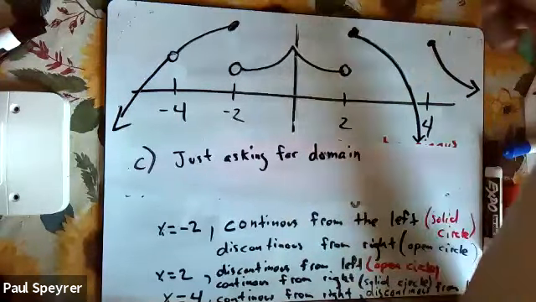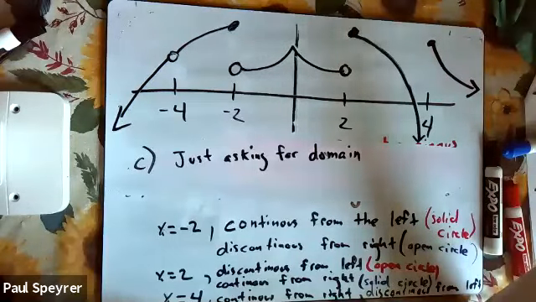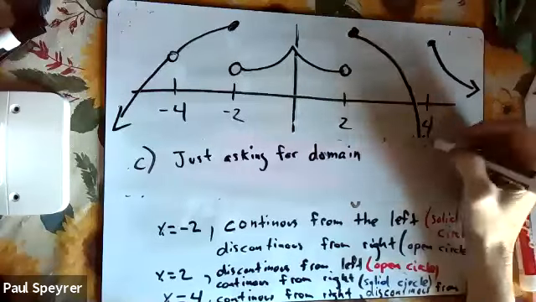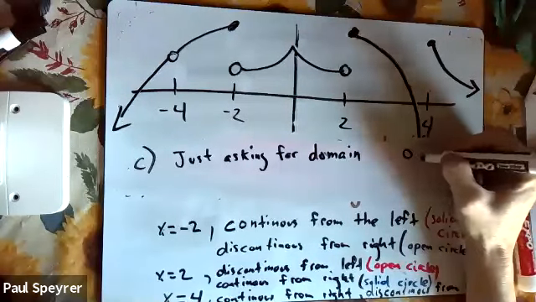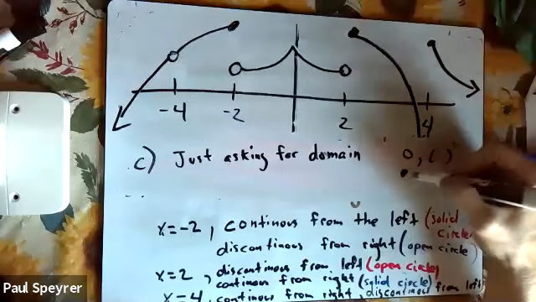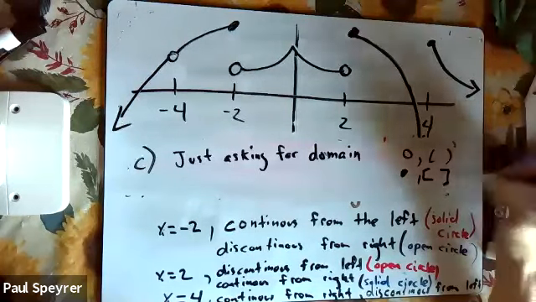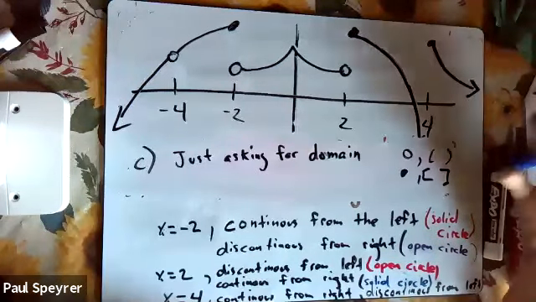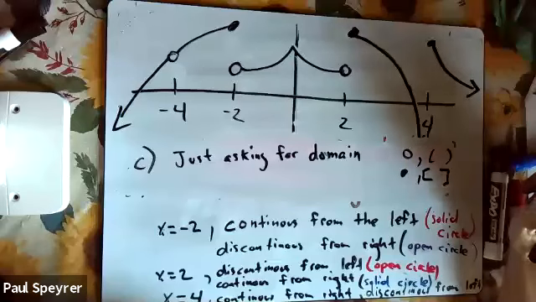And of course, when we did this in interval notation, you had brackets and parentheses. Remember, an open circle meant parentheses, and a solid circle meant brackets. You could have combinations of them, and we're definitely going to have them right here.